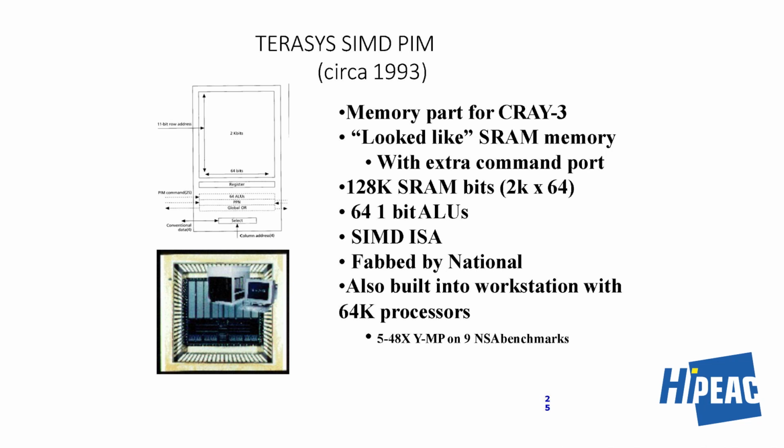They could do sorting, arithmetic, and lots of other operations. This came out in the 1990s, TerraSys PIM, very cool, and this is a SIMD architecture. So it was one of the first SIMD bit serial architectures.